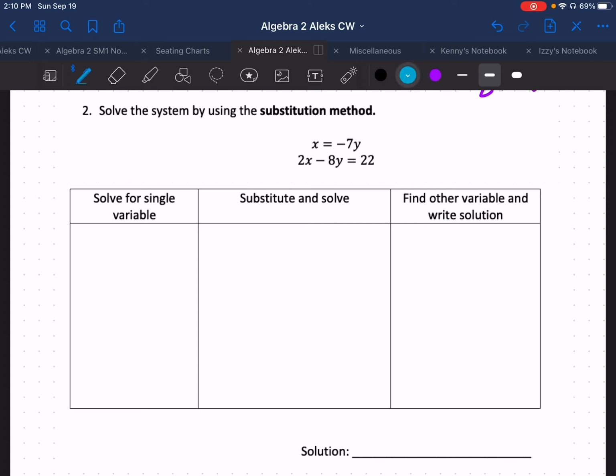It should be set up so that you have your single variable, and it should be in equation number 1. So you should be able to see your single variable, and it should say, just like equation 1 does, x equals, and then it should have something on the other side. So it's already set up for us to substitute the x into equation number 2.